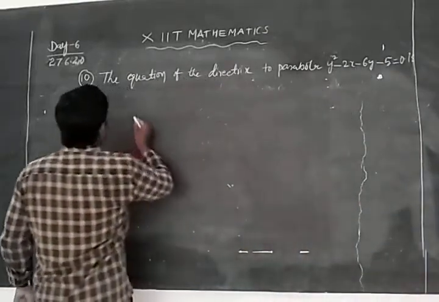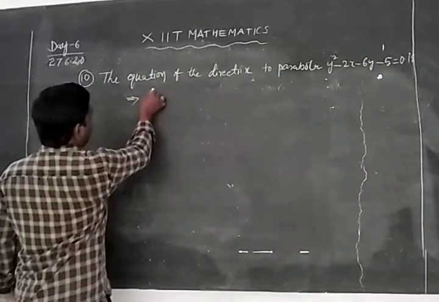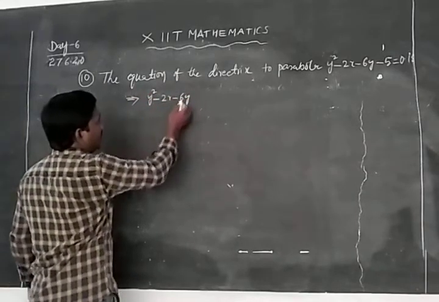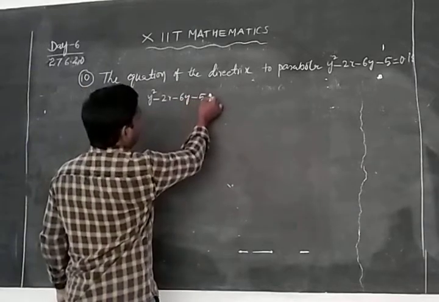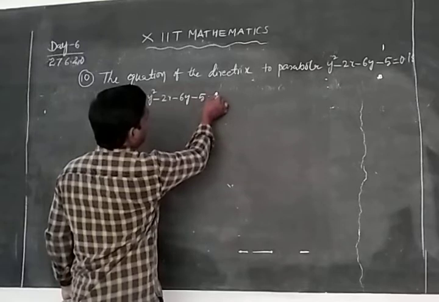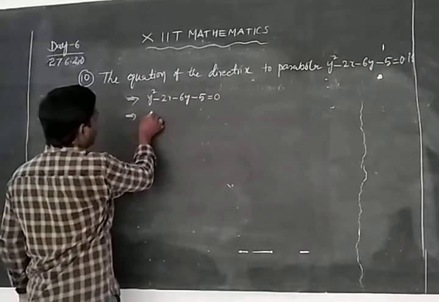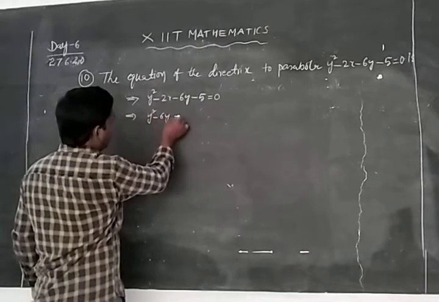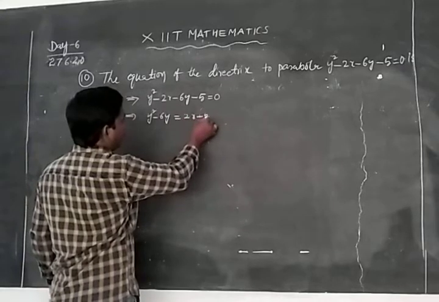Now take the given parabola y square minus 2x minus 6y minus 5 equal to 0. Then rearrange: y square minus 6y equal to 2x plus 5.